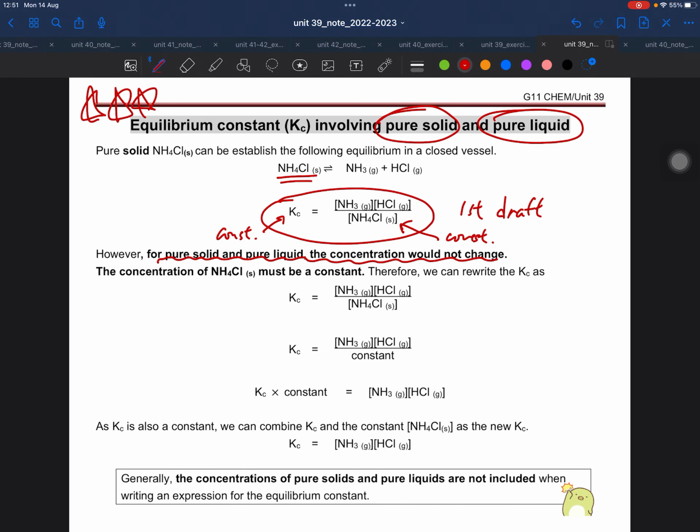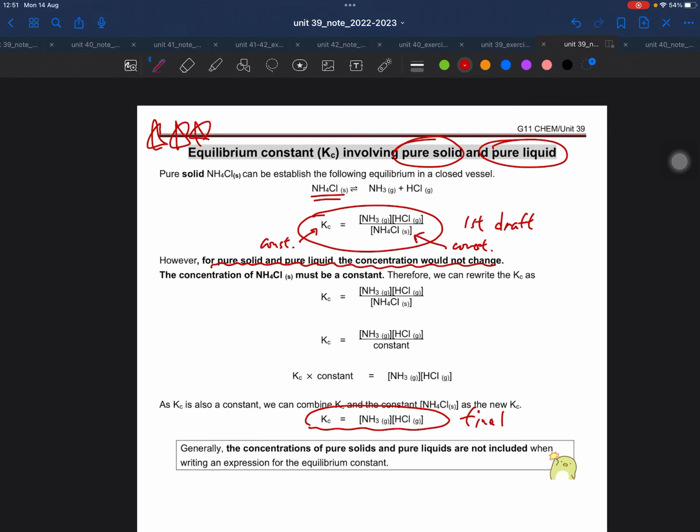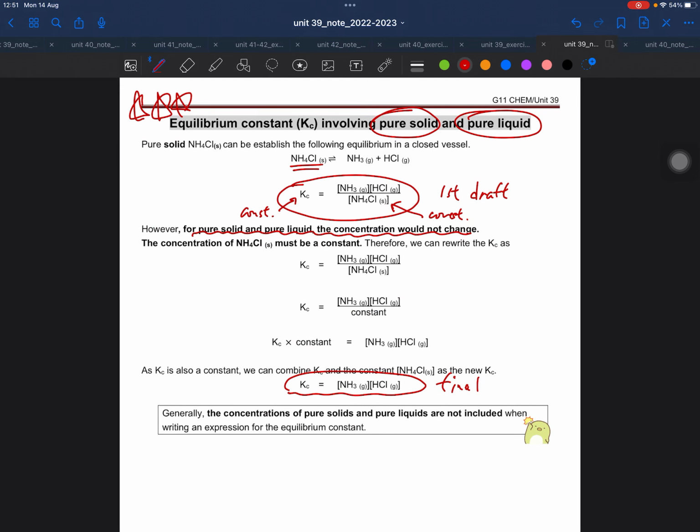So we just eliminate one of them, and this is the final result. And this is why the physical state, as I mentioned, should be included in your answer, because this is a reminder to yourself. Okay, so please highlight this.